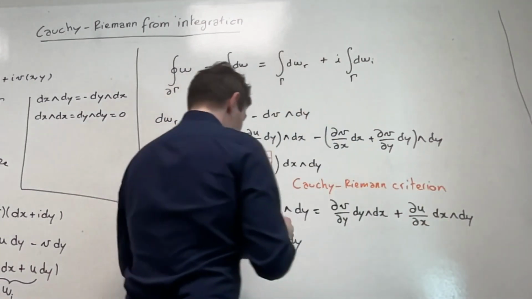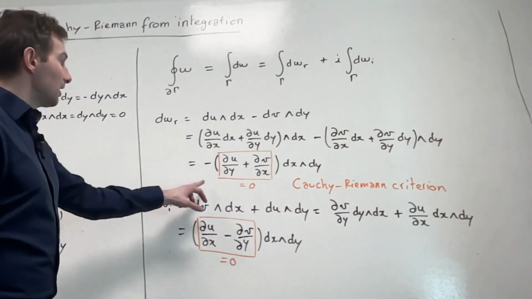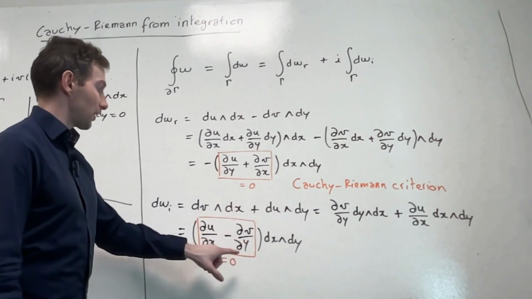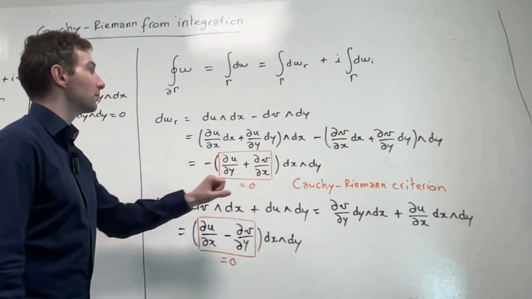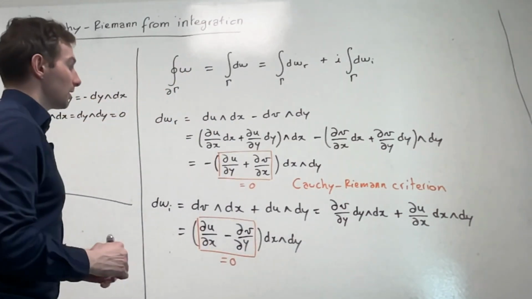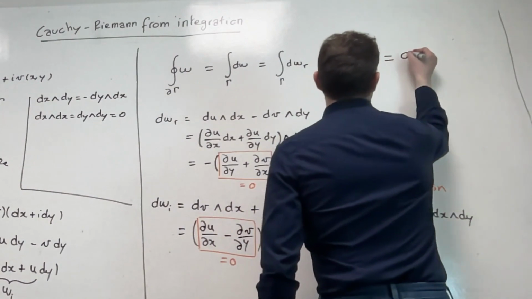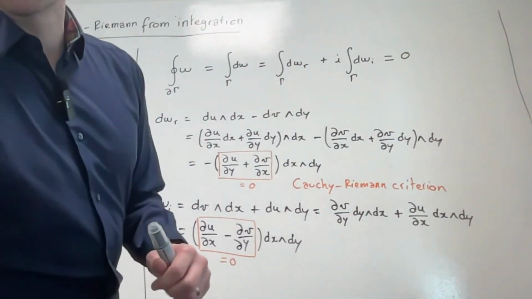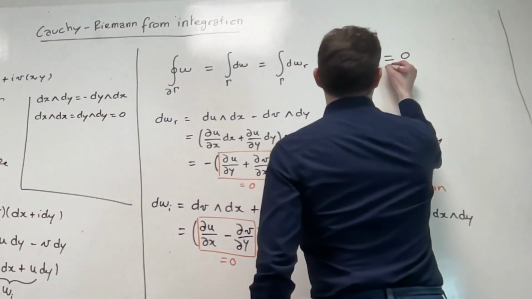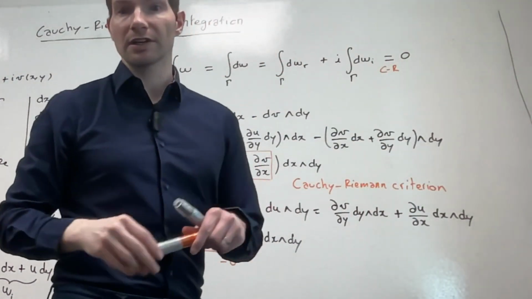Okay, but what is fascinating is that if the Cauchy-Riemann criterion is satisfied, so this is 0 and this is 0, then we've got that that is 0 and that is 0. Okay, and so I can say here that this is equal to 0, obviously only in the case of Cauchy-Riemann. Okay, so that's not true in all possible cases.